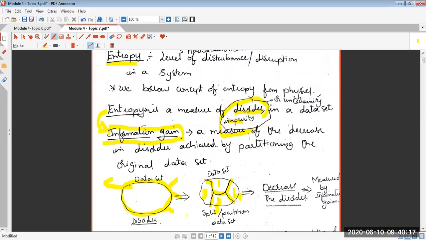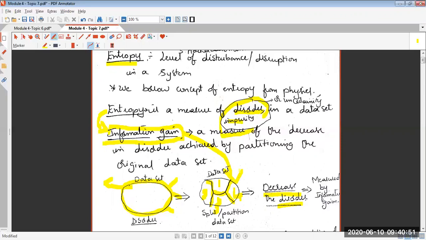The data that was completely mixed up, completely heterogeneous, I have tried to segregate and divide into parts. I have split it, partitioned it. Why has this been done? To ensure the disorder reduces, the chaos reduces. And how is this done? This is done using information gain. So information gain will be used to split the data.